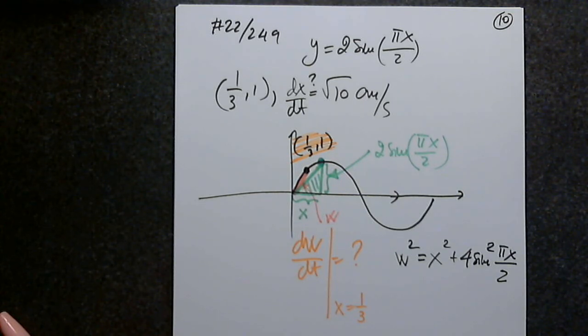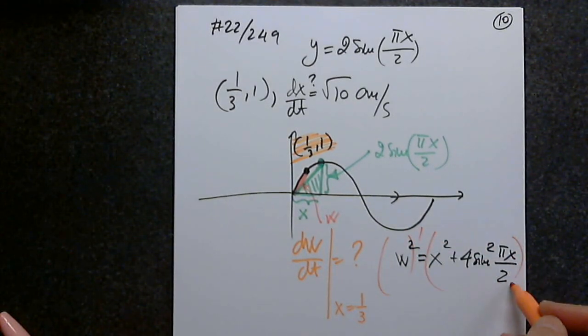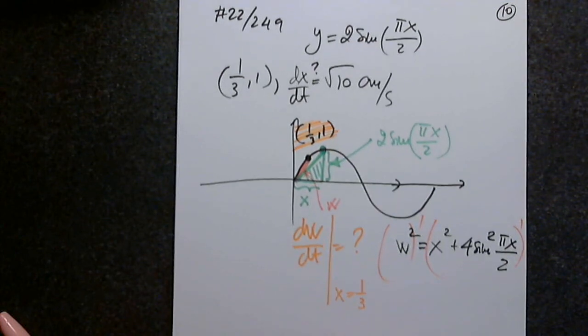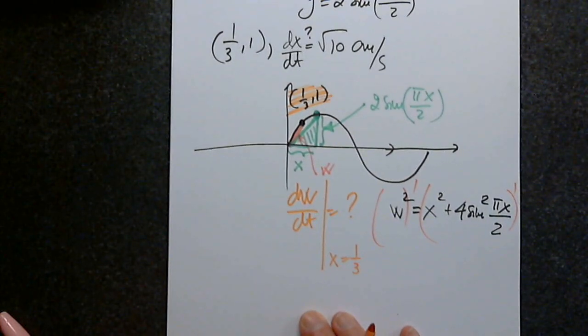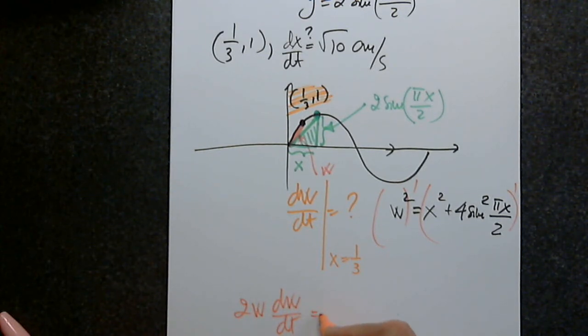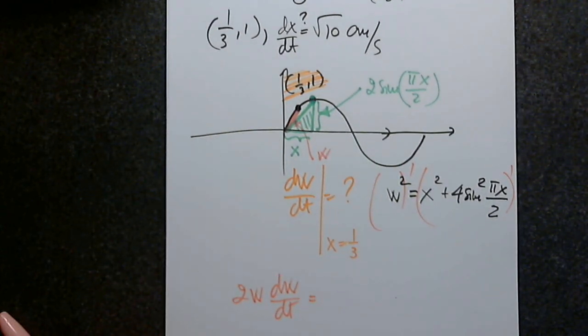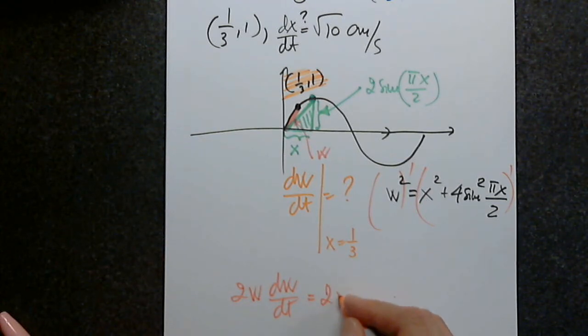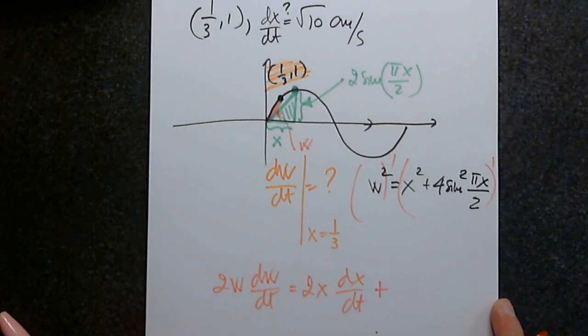So is dx over dt the square root of 10? Yes. Centimeters per second. Yes. You differentiate. Correct. Very good. So the left-hand side is 2w dw over dt. Awesome. The right-hand side, 2x dx over dt. Now very careful.